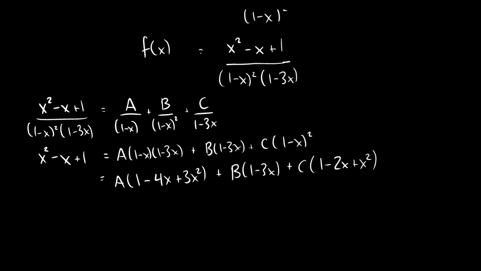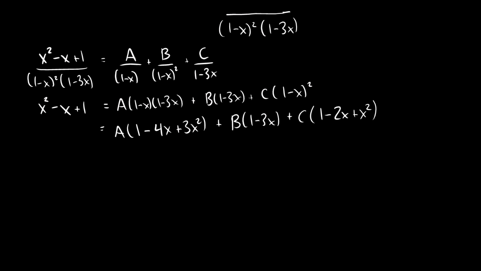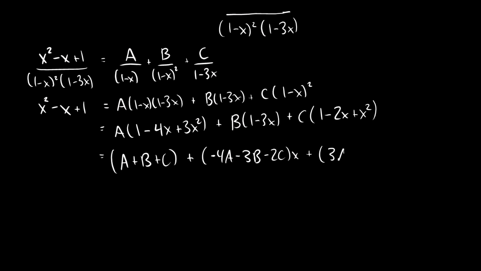Okay, so let's sort these into their proper powers. So this is going to be a plus b plus c plus, okay, so we have negative 4a minus 3b minus 2c times x plus 3a plus c x squared.